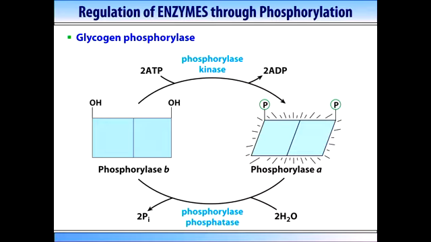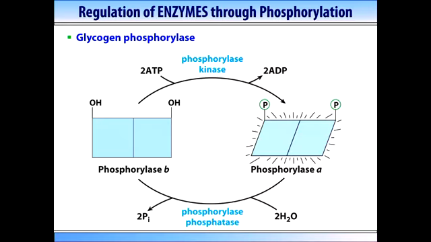So glycogen phosphorylase basically chops off glucose units from the glycogen and sends them into the glycolysis cycle. The enzyme which does that is glycogen phosphorylase, the inactive form, which is being activated by phosphorylation through phosphorylase kinase.